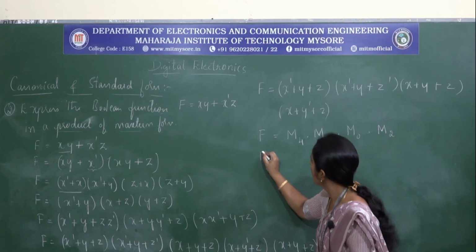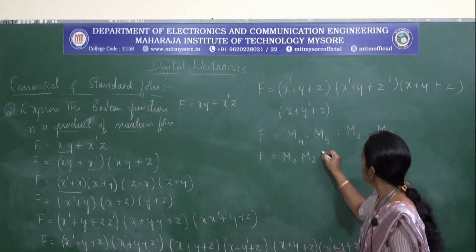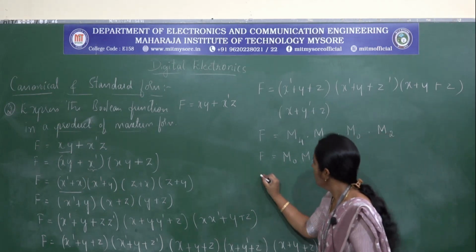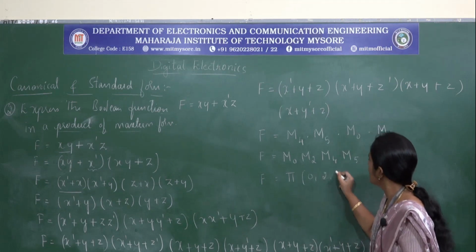Rearranging this, we get F is equal to M0, M2, M4, M5. Further, using the pi notation, we can represent this.